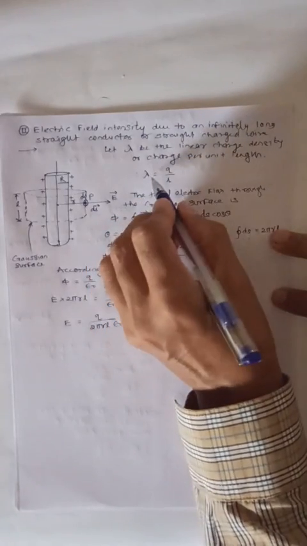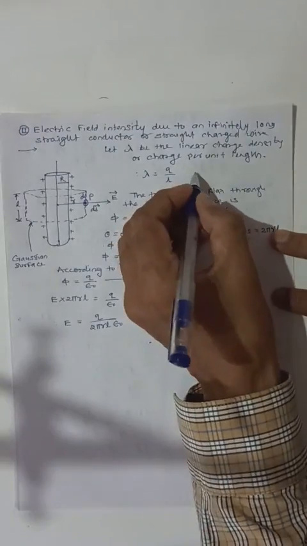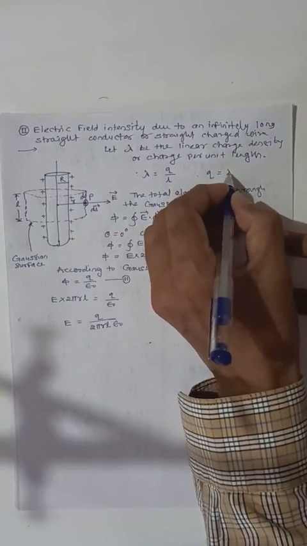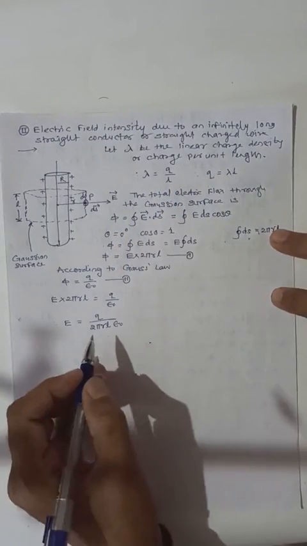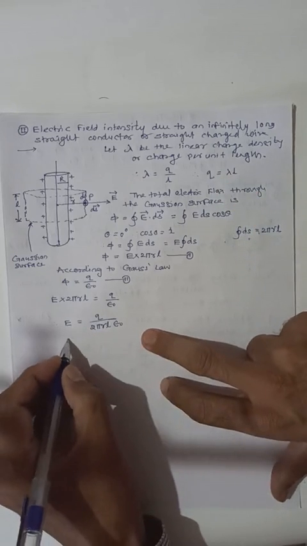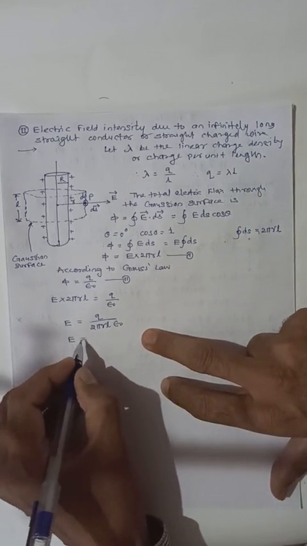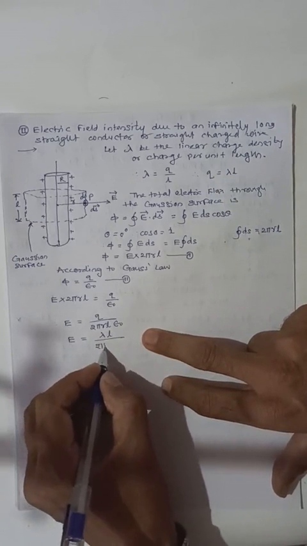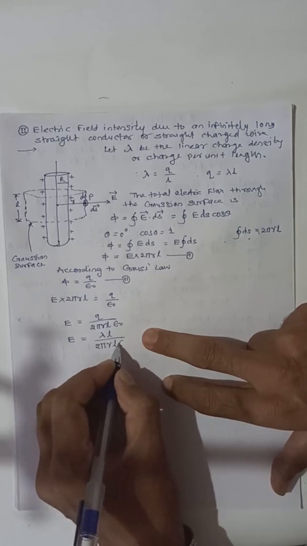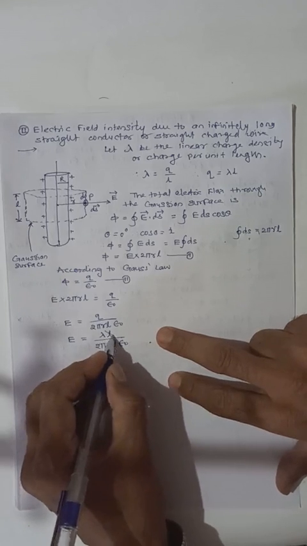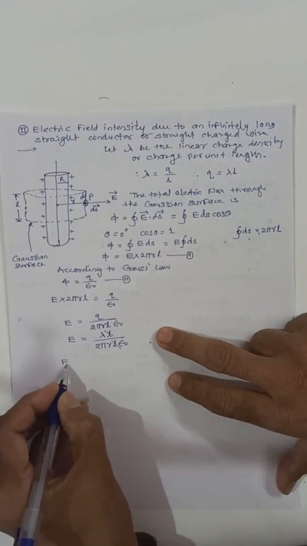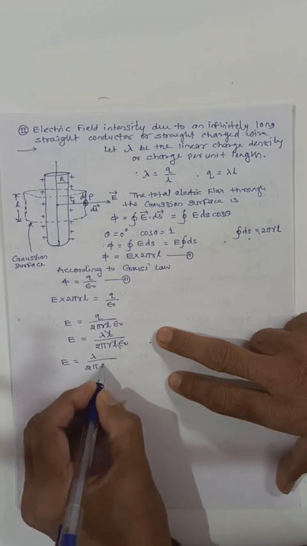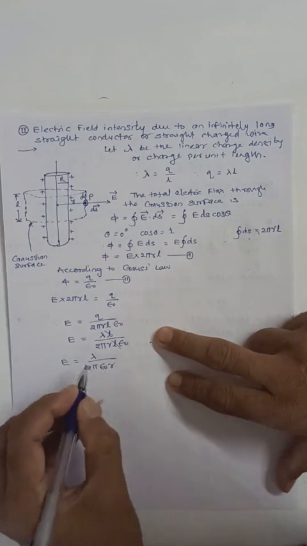Now from this equation, lambda is equal to Q upon L, so Q is equal to lambda into L. Put the value of Q here, we get E is equal to lambda L upon 2 pi r L epsilon 0. L gets cancelled. E is equal to lambda upon 2 pi epsilon 0 r.